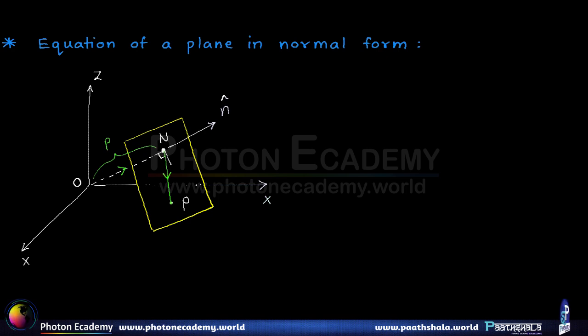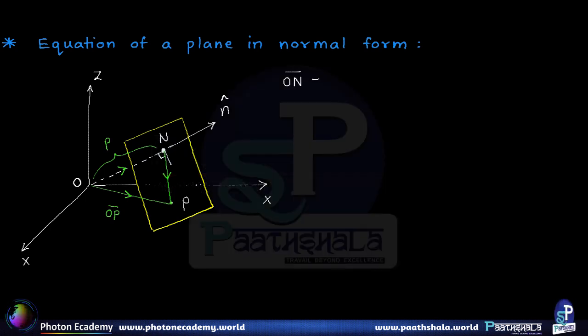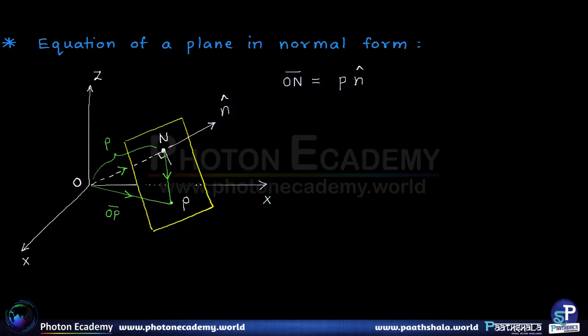Here we also join the origin with that particular point, so that gives us the vector OP bar, that's the position vector of point P. Now as far as the vector ON bar is considered, we can definitely write that as its magnitude, that is p, times n cap, because that's a unit vector in the direction of ON bar. So we have p n cap as nothing but ON bar.